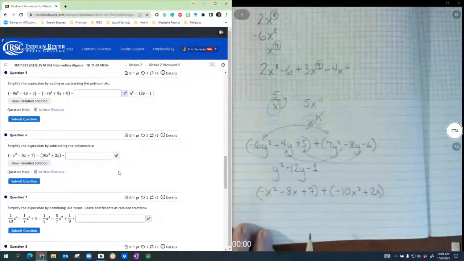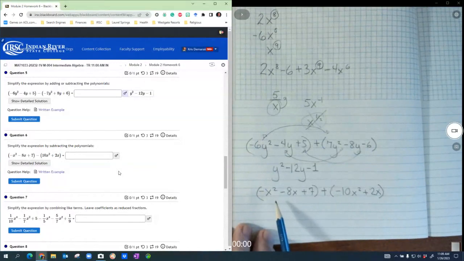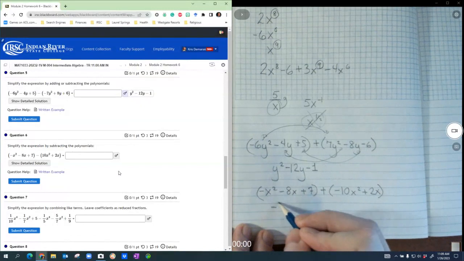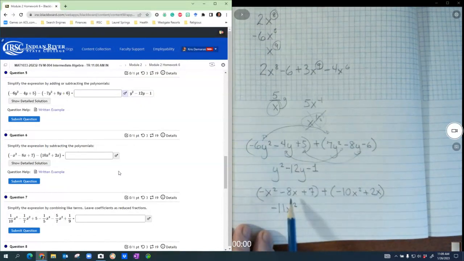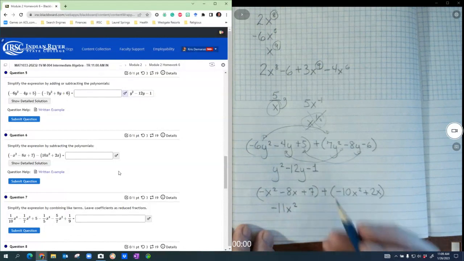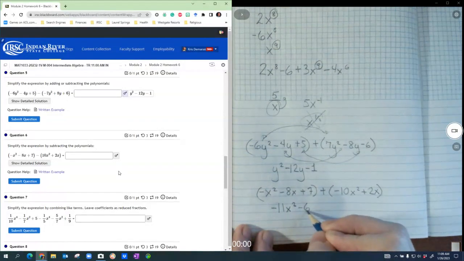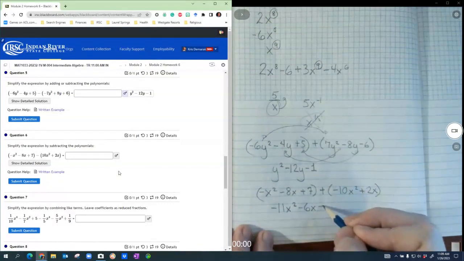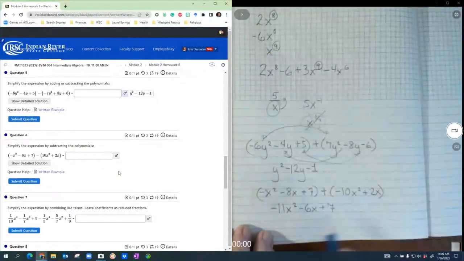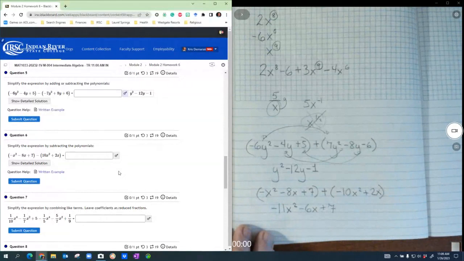Now I'm combining like terms. I'm going to combine this to this, and that gives me -11x squared. Then -8 added to 2x gives me -6x. I have no other constant to add 7 to, so I'm just going to put plus 7. And there's our answer.